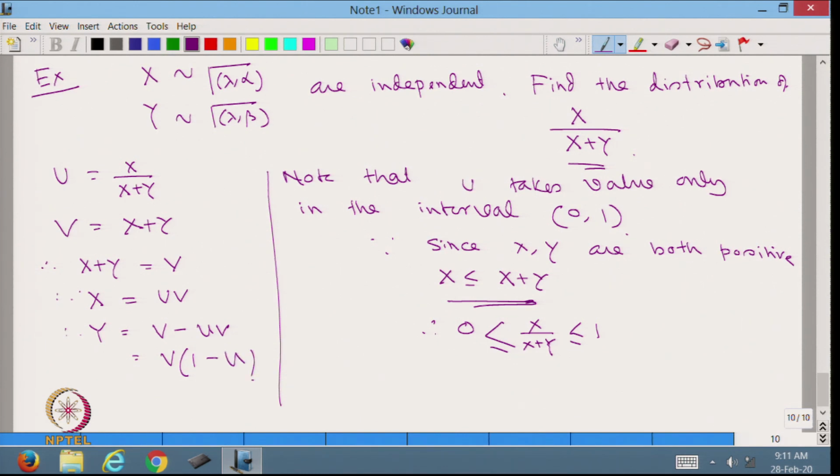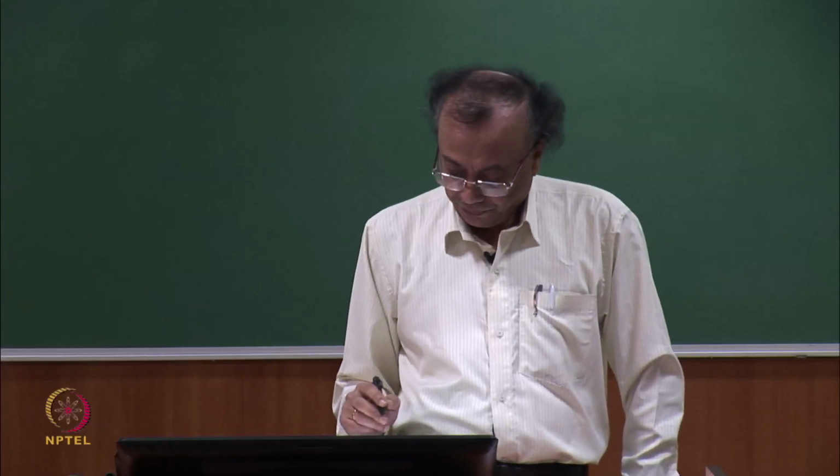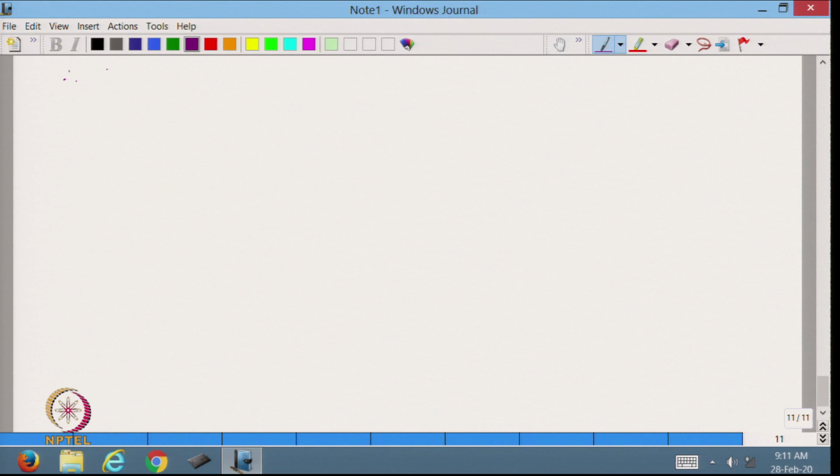So, this is important because this is the inverse transformation from u v to x y. Therefore, x is equal to u v, y is equal to v into 1 minus u.